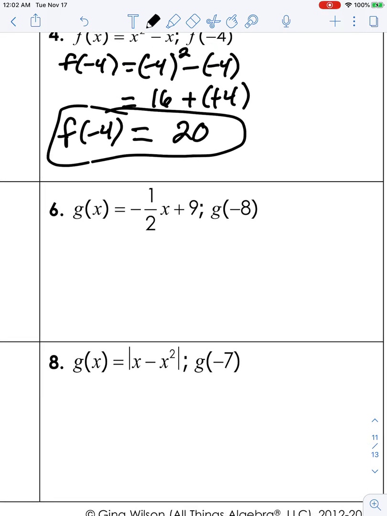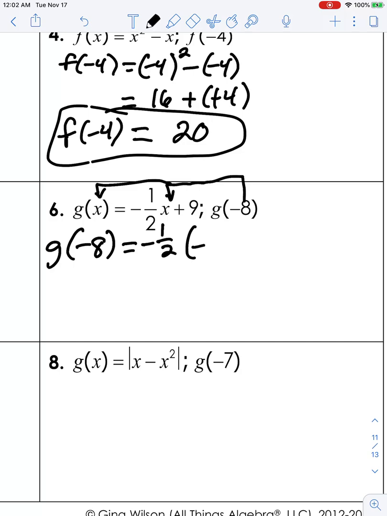Number 6, and again, this is pretty repetitive, so it wants to know the answer. What is y when you plug in -8 for x? So that's why we get g of -8, because we're plugging -8 in for x.